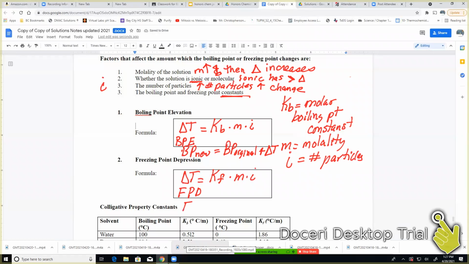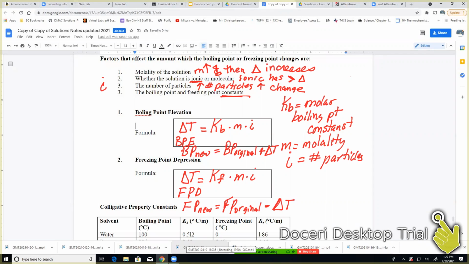And then if I wanted to know my new freezing point, I'm going to take my freezing point original and subtract my delta T, because I want my freezing point to go down. So you're going to subtract the delta T that you calculated.